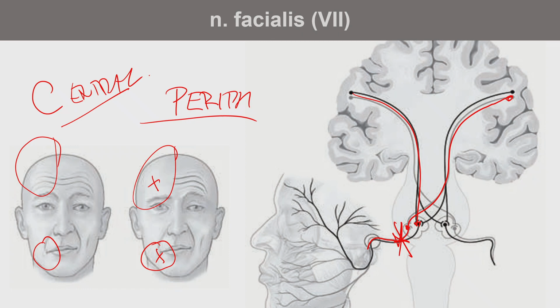The second could be during a cold, during some virosis, during an infection in the middle ear with affection of the petrosal bone, or during a fracture of the skull base. Then you have impairment of both those parts. So then it is a peripheral paresis which is seen on the half of the head.